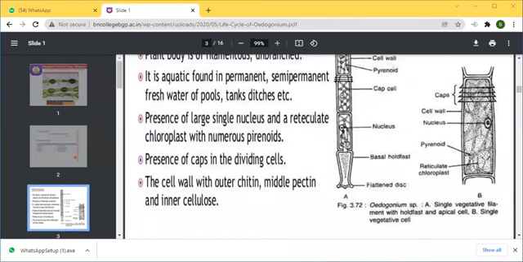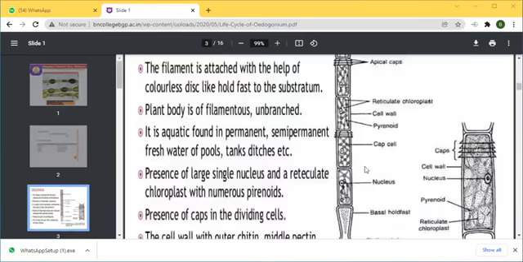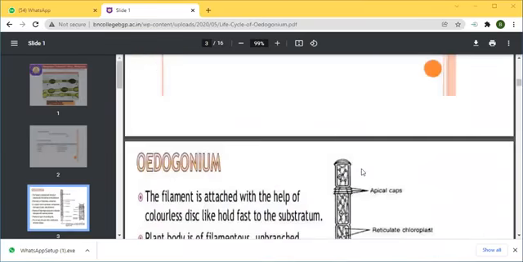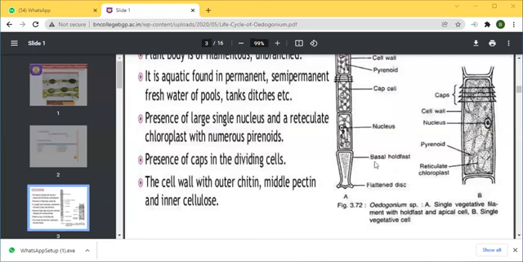But you can observe two special cells: one is the bottom cell, another one the apical cell. The bottom cell is called the basal cell, or another name, holdfast. Basal cell or holdfast, this is the bottom cell.